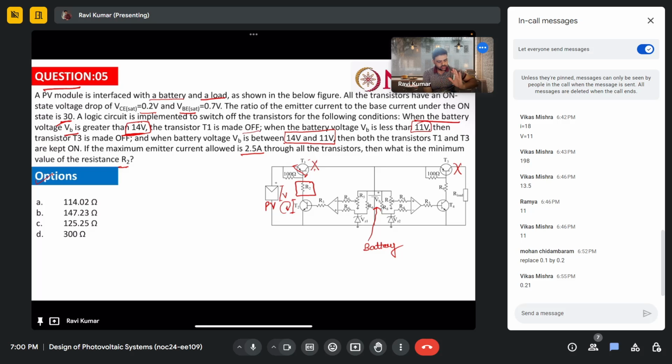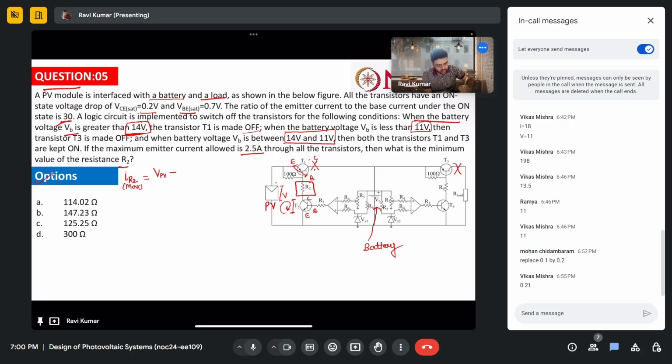So the maximum current which can flow through this R2 is I R2 max. How much will it be? Voltage of PV minus the voltage across CE of T2 minus VBE of T1. See, this is base, this is emitter, this is collector. This is emitter, this is base, this is collector.